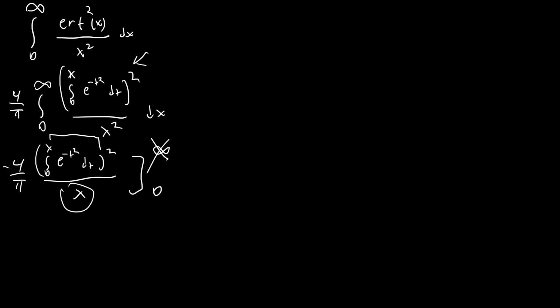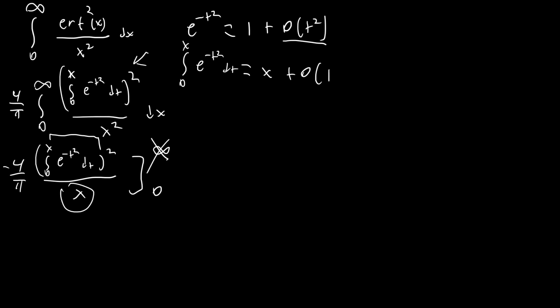And at 0, I want you to note that e to the negative t squared is equal to 1 plus everything on the order of t squared and above. I'm not very good at using big O notation, so this might not be exactly correct, but everything else we have is on the order of t squared and above. So if we integrate from 0 to x of e to the negative t squared dt, we're going to get x plus stuff that's on the order of t cubed.